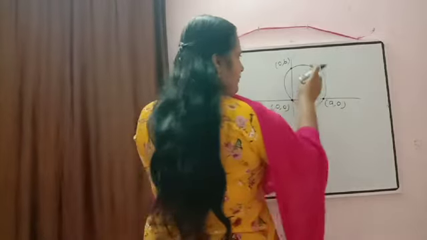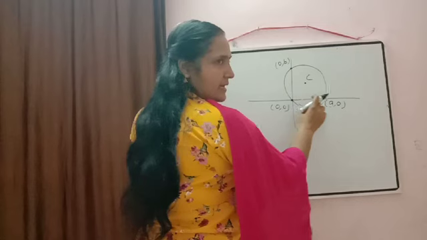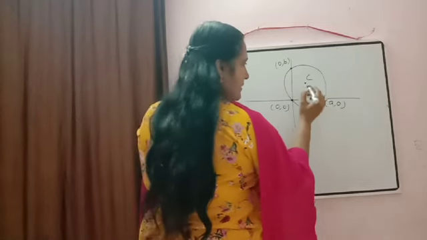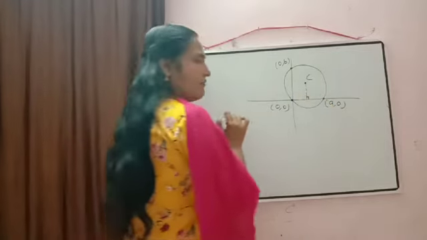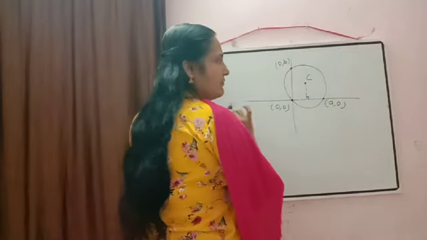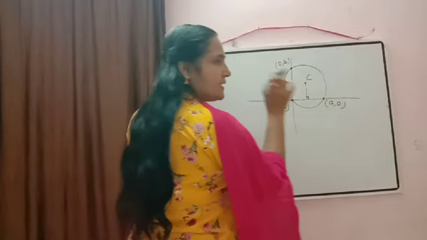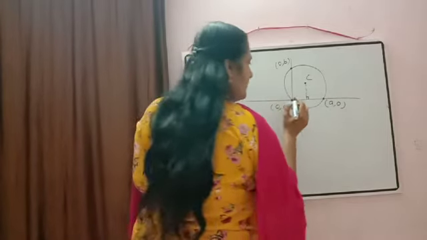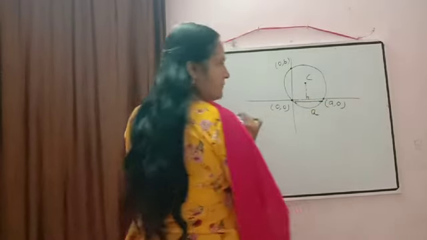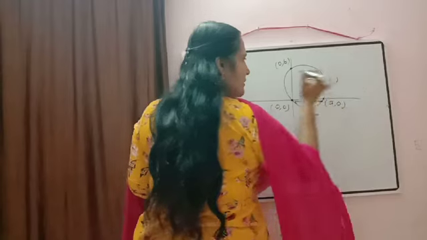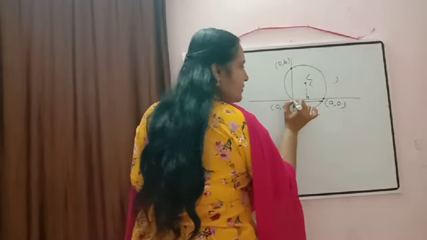If you consider the circle, this is a chord of the circle, correct? If I draw a perpendicular from the center, we know a perpendicular from the center bisects the chord. Here the coordinate is written A, 0, meaning from the origin till here the distance is A. When we write the coordinate of any point, first we calculate the distance from the origin.